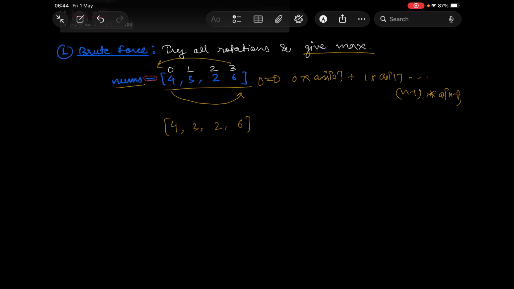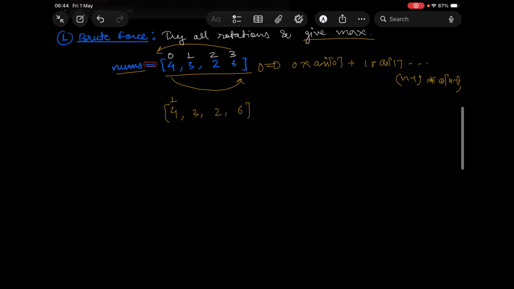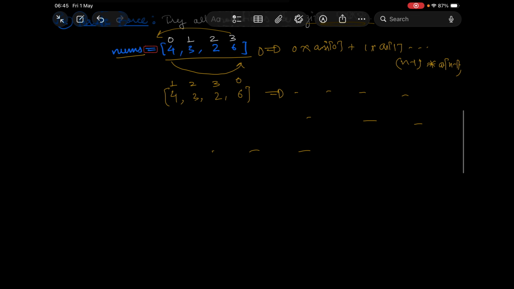So we will just move the indexes, not in real, just to illustrate, 3 and then 0. Same as above, we will calculate for these values also. After doing the next rotation, we will again calculate values and so on. After every rotation, we will calculate these values. At the end, we will have to give the maximum among all this calculation.